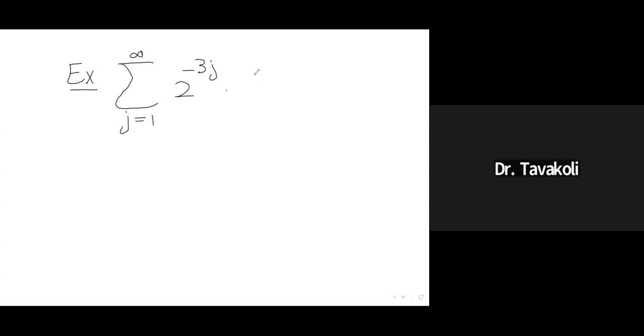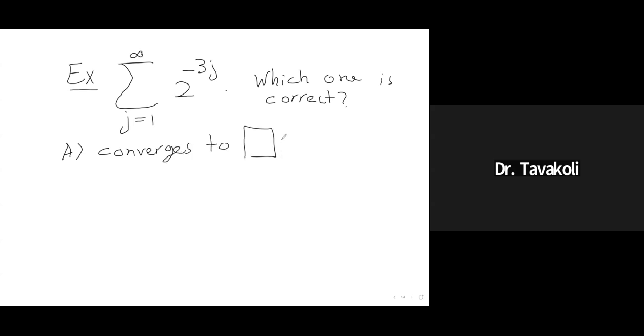And which one is correct? The series converges to a finite number. If so, what is that finite number? Or the series diverges. Which one is the correct answer? Converges or diverges?